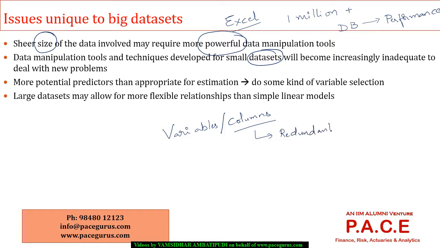So I need to have some kind of mechanism where variable selection will occur. Again, there need to be new kinds of techniques where the selection of the variables happens in a much more sophisticated manner.